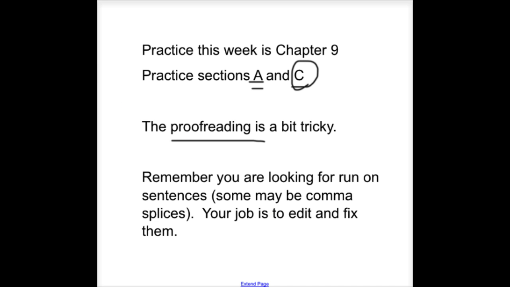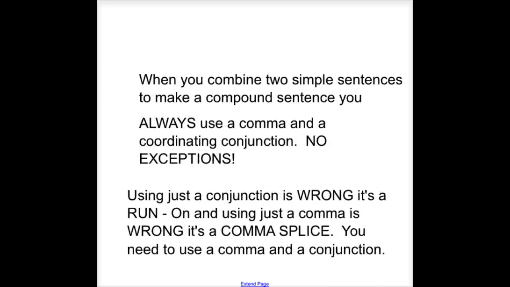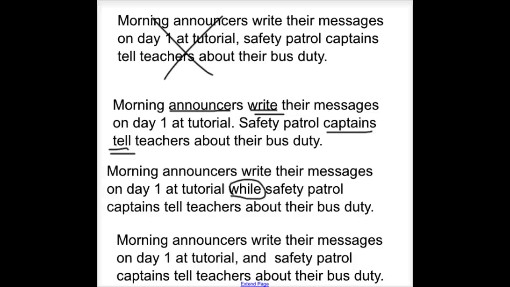Oh, which you're probably saying, what the heck is a comma splice? Because I did not explain it to you. So I will tell you what a comma splice is. A comma splice is a particular kind of run-on sentence. It's a run-on sentence that's almost right. It's like the person knew it was two ideas and they tried to make it right, but they didn't quite do it. Morning announcers write their messages on day 1 at tutorial, comma, safety patrol captains tell teachers about their bus duty.